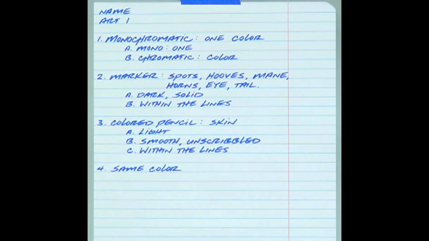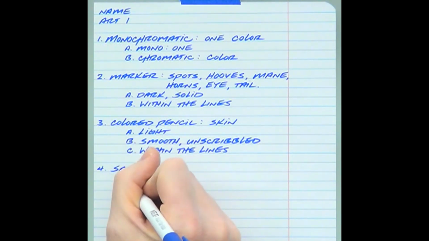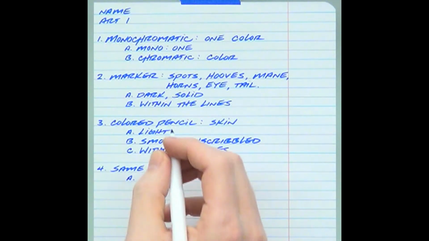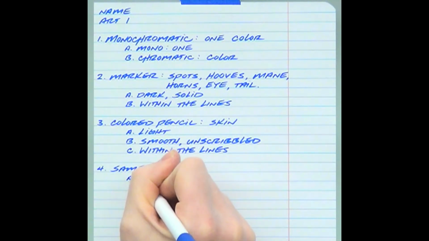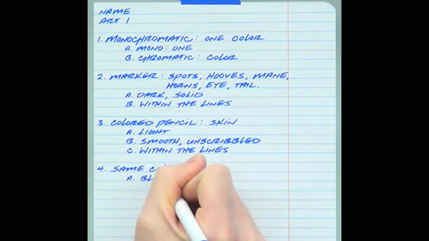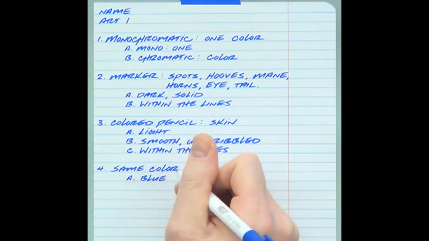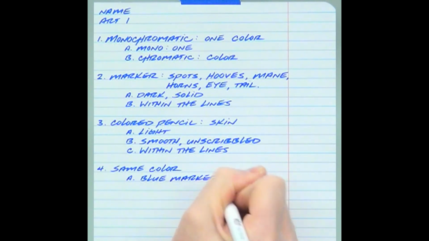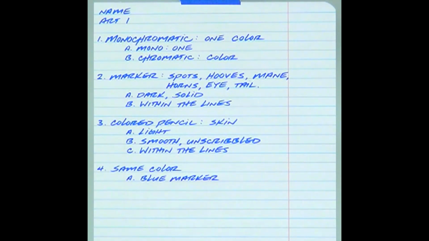For example, indent. So if you are deciding to use blue on this monochromatic color scheme, I want you to write blue, blue marker. Write that for me.